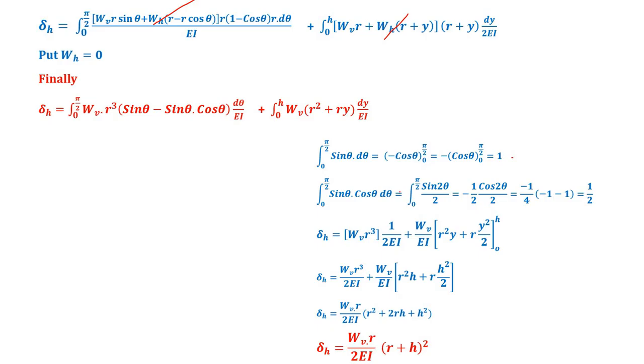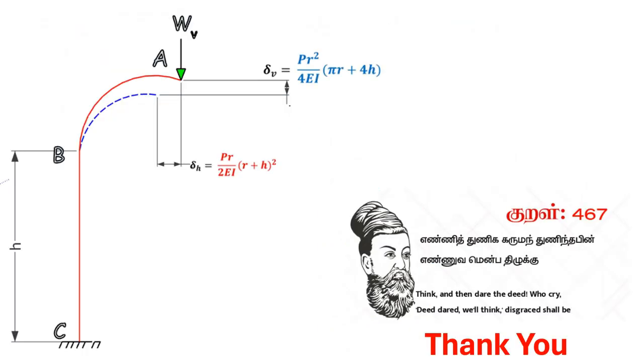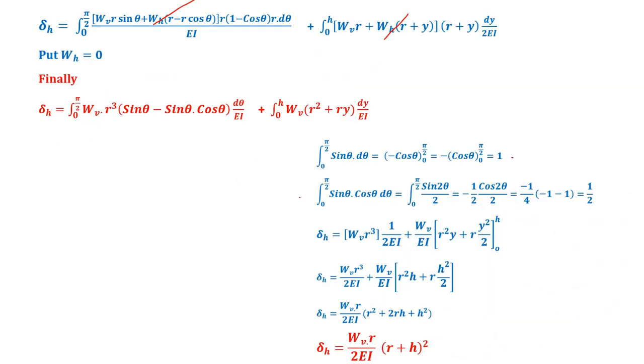And similarly, the integral from 0 to pi by 2 of sin theta cos theta will be equal to 1 by 2. So substituting all the values, finally we end up with del H equal to WV r by 2EI into r plus h the whole square. So thus we obtain these two expressions.